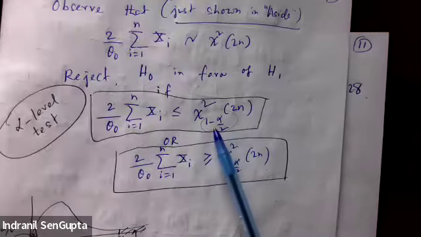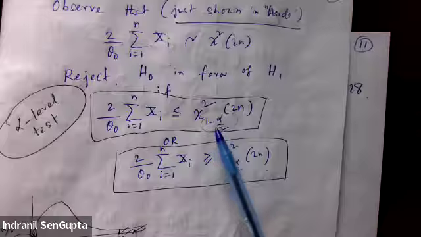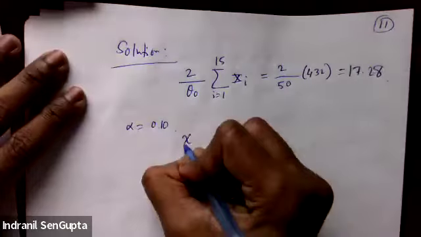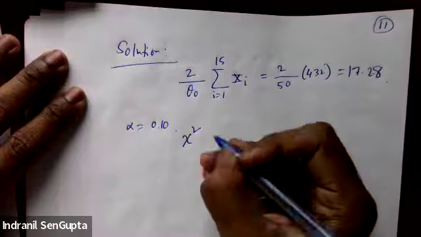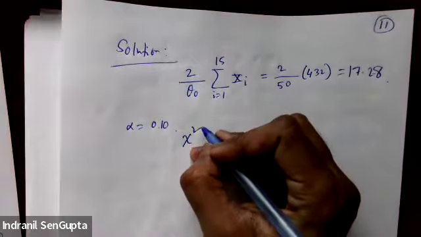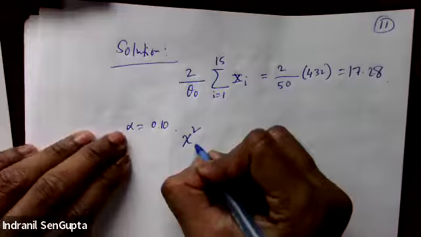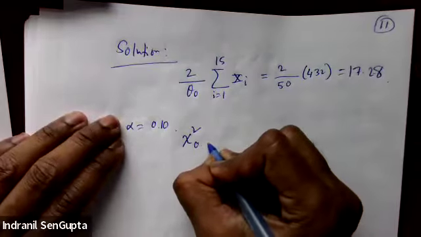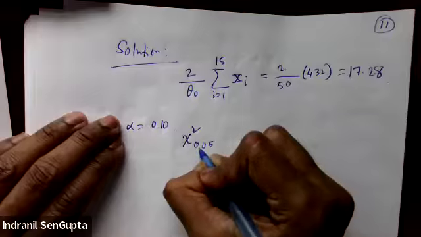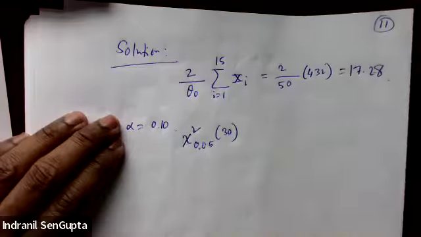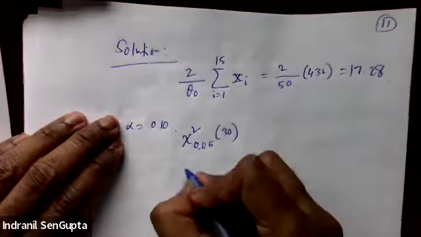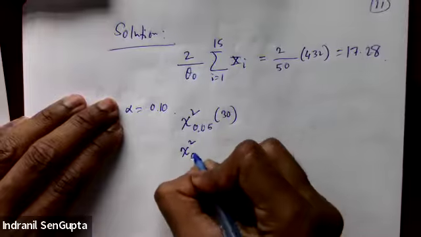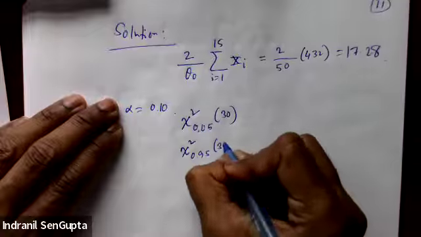So alpha is 0.1, and we need to compute chi-squared at 0.05 and 2n is 30. That is one quantity we need to find. And the other one we have to find is chi-squared of 0.95 and 30.